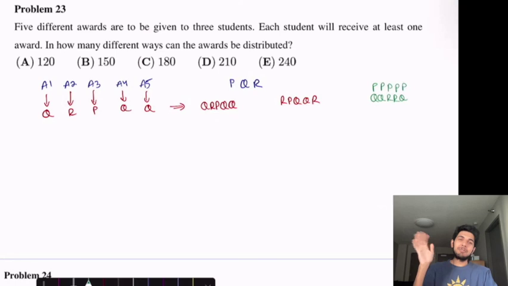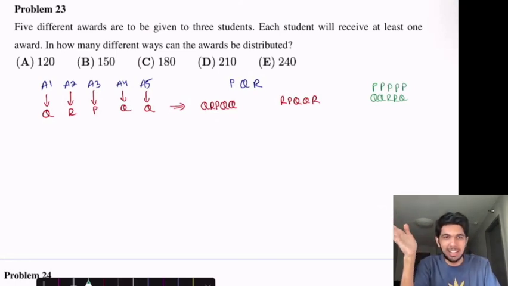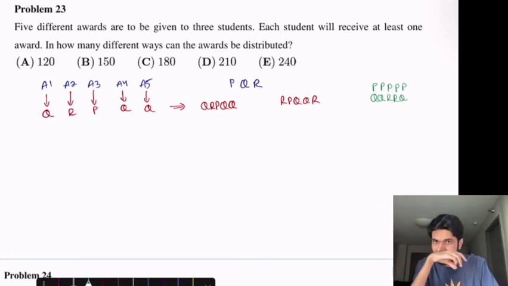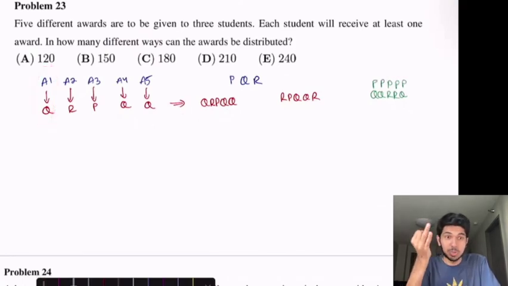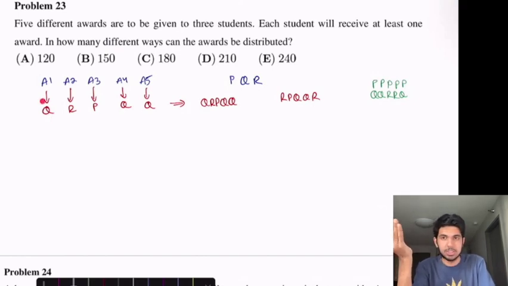So we want to count the number of strings such that we don't have any of these bad strings. First, how many strings are there? Well, the first award can be distributed to 3 possible students. So there's 3 options for the first character of the string. The second award can also be distributed to 3 possible students.